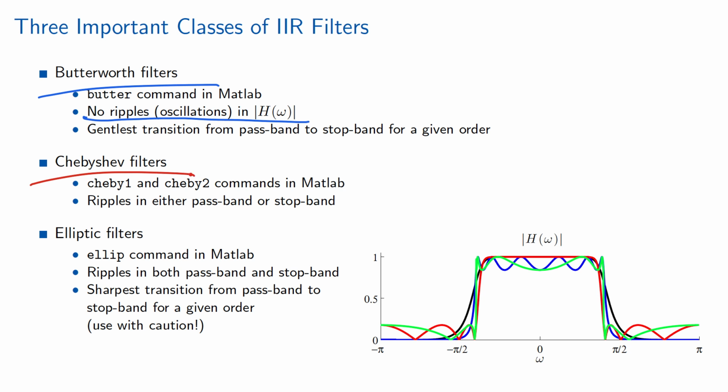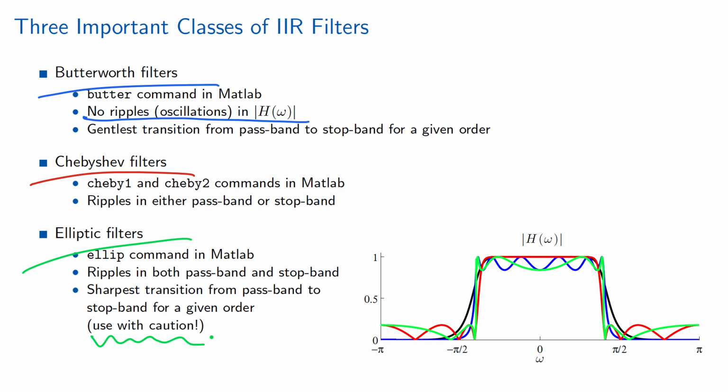These have ripples, but they have ripples either in the passband or the stop band, and not both. And then the third class are the so-called elliptic filters that have ripples in both the pass and the stop band. These are very powerful but very dangerous filters, and just use these with caution.